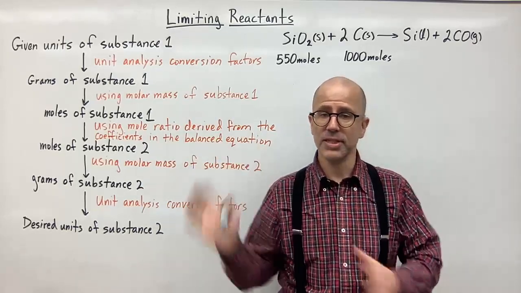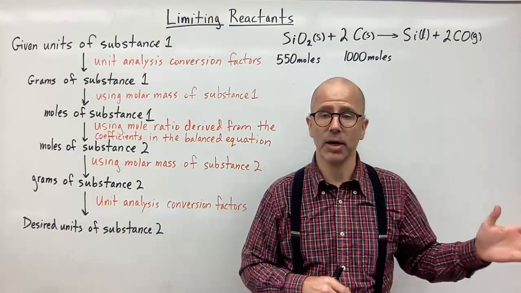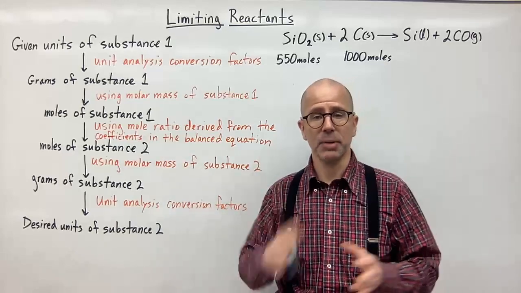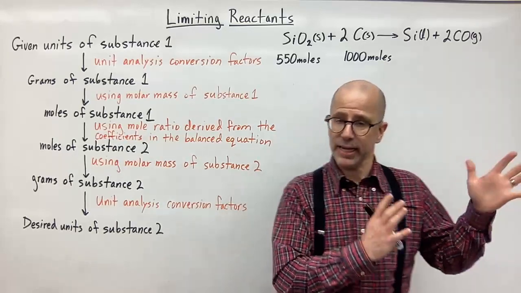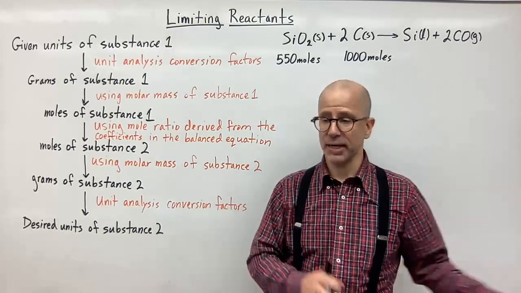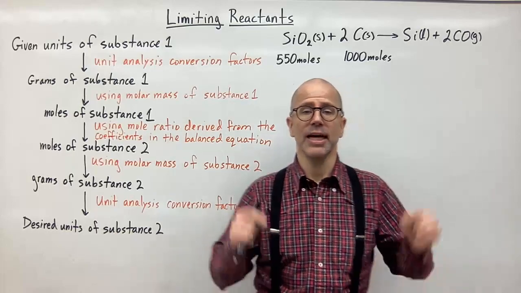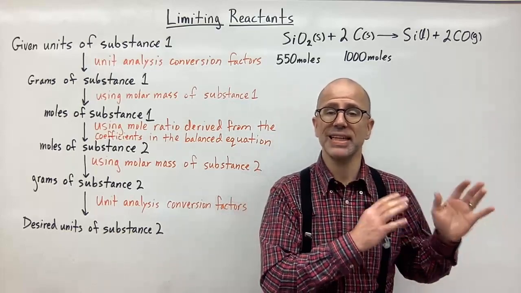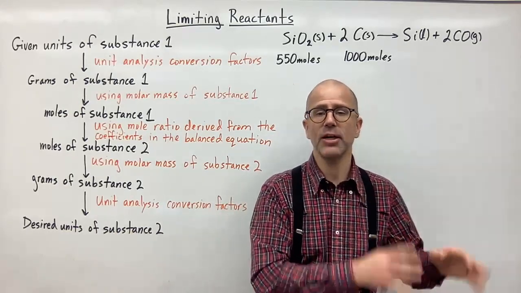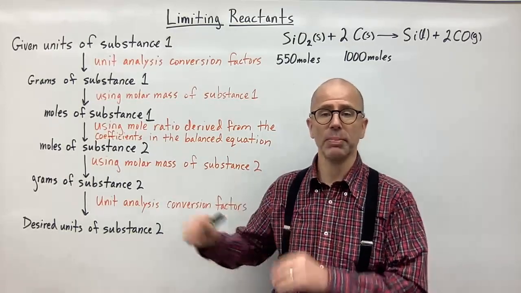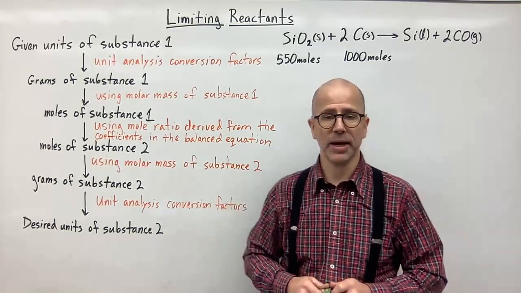Same thing goes for if I run out of peanut butter. If I run out of peanut butter, but I still have the bread and jelly, I can't make any sandwiches. In that case, the peanut butter is the limiting reagent, or the limiting factor that limits how many peanut butter and jelly sandwiches I can make.